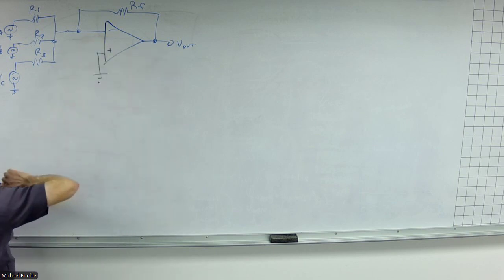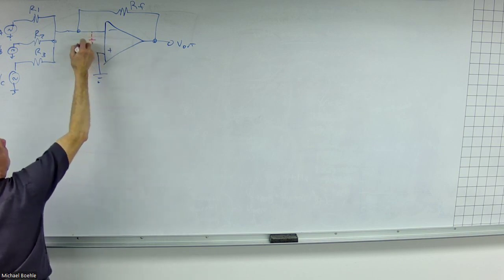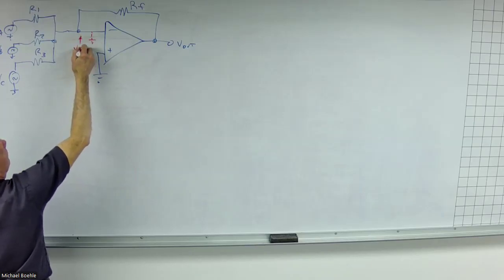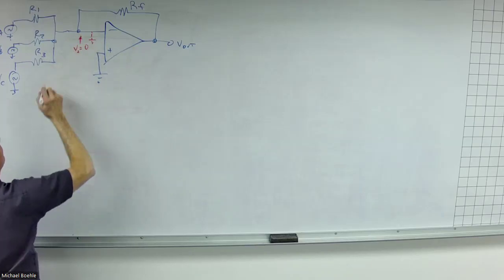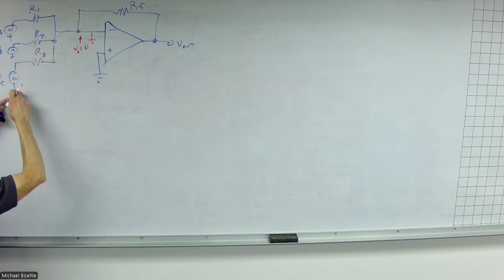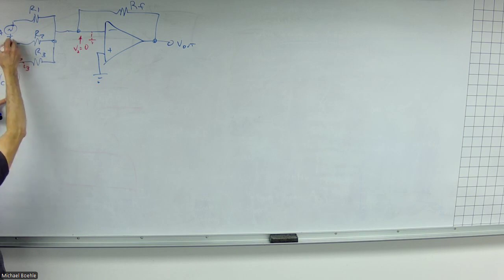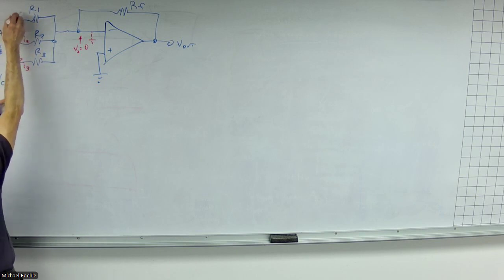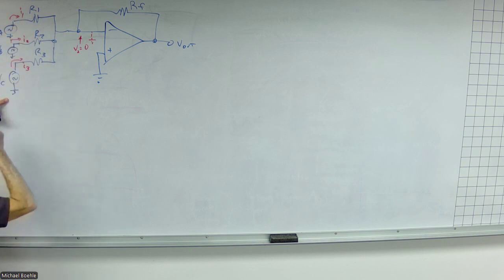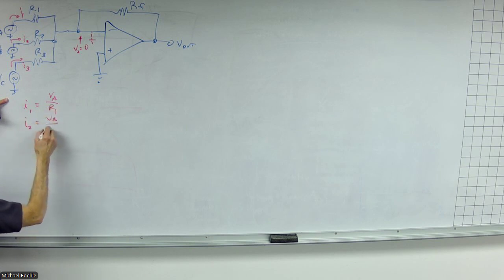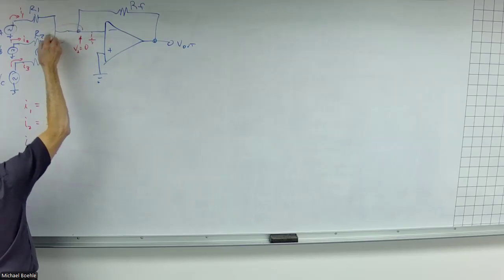Again, negative feedback exists. Virtual ground, which means this point is 0 volts. So relative to here, I have, we'll call that current 3, current 2, current 1, all of which can be calculated by taking the respective voltage divided by the respective resistor. What happens to those three currents at that point?